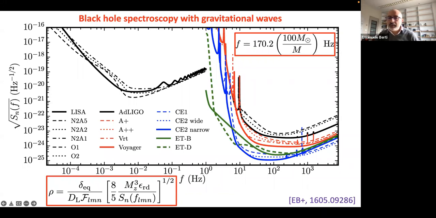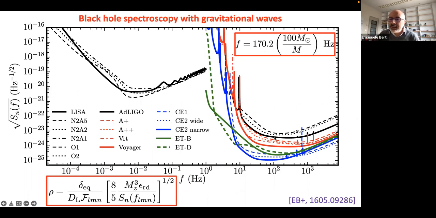So this is basically everything above these curves is observable. And if the curves go down, it means that you're going to see things better and you're going to see more events. Every time you double the sensitivity, you increase the number of events roughly by a factor of 8, because the sensitivity goes with the cube of the amplitude of the gravitational waves. The number of events does.